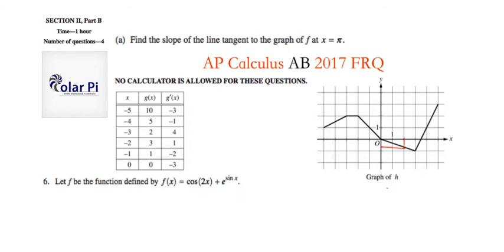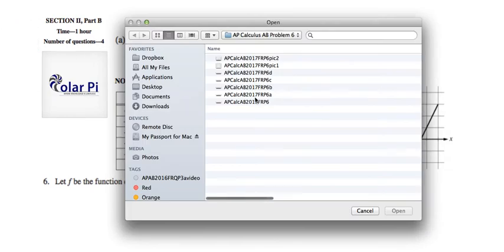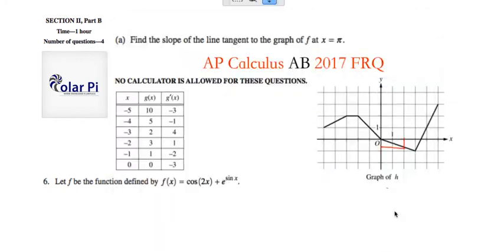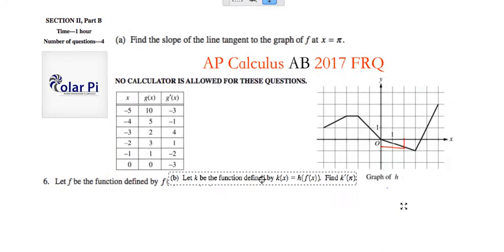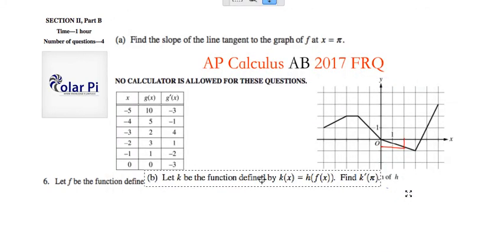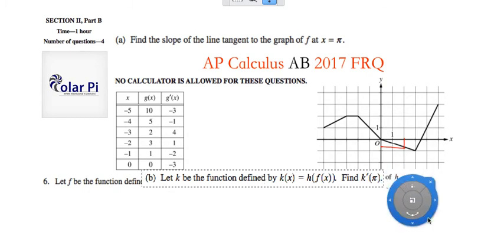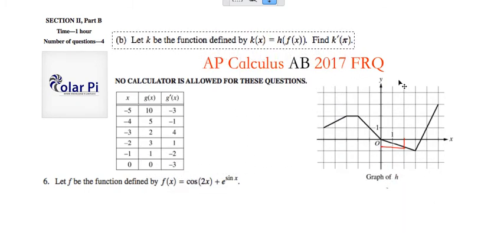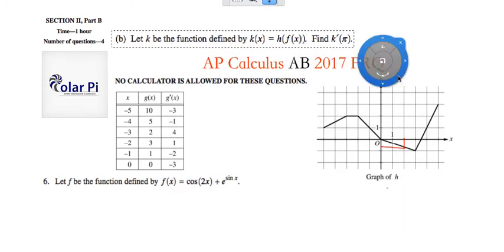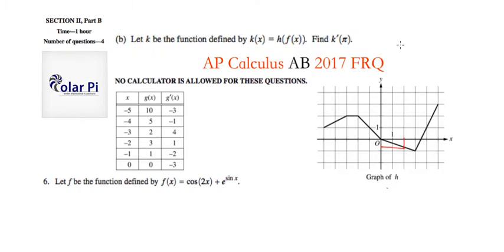Part B says to define the function k of x to be h of f of x, and then we need to find k prime of pi.